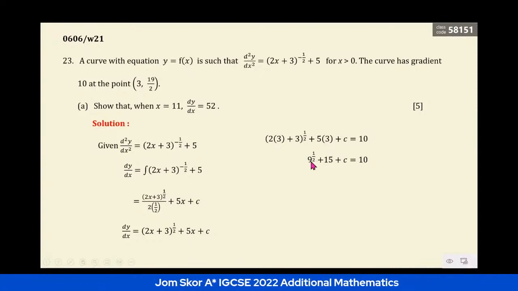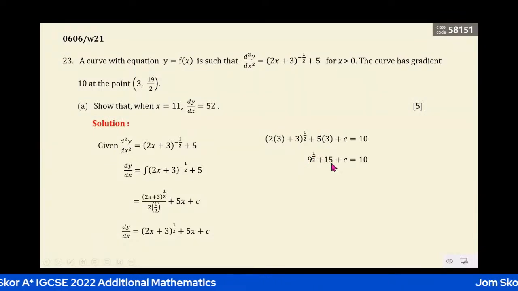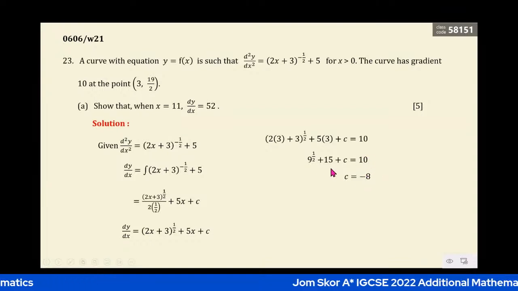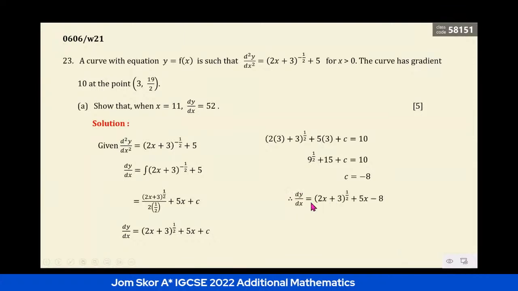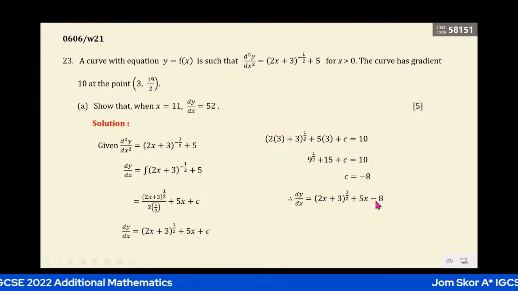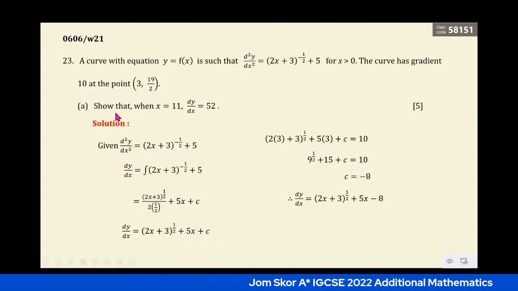Square root of 9 is equal to 3, 3 plus 15 is 18, so c is negative 8, which is 10 minus 18. Therefore, your dy/dx is this one. The answer is not finished yet. We have replaced c with negative 8, and then show that.